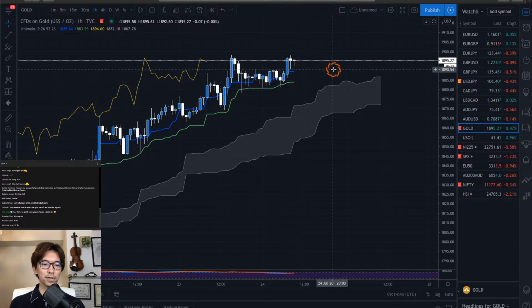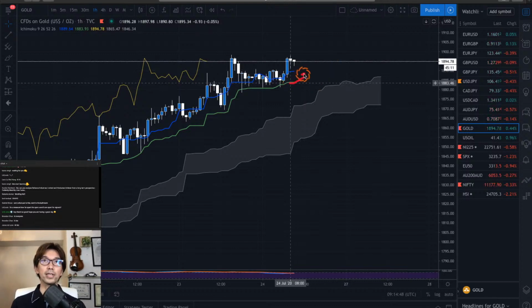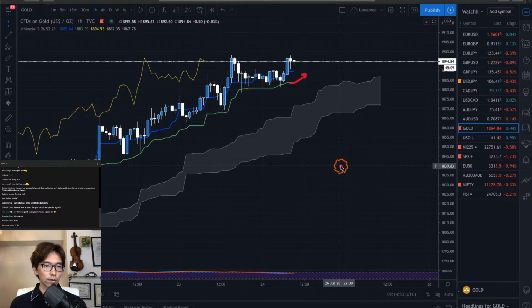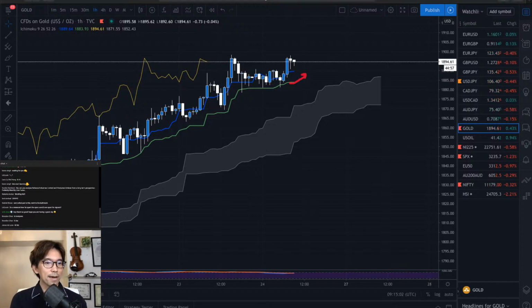So we better wait for the Kijun-sen to move up to look for the buy chance. Is it clear so far? So yeah, if you look at multiple time frames, you might get the idea of how you capture trend.